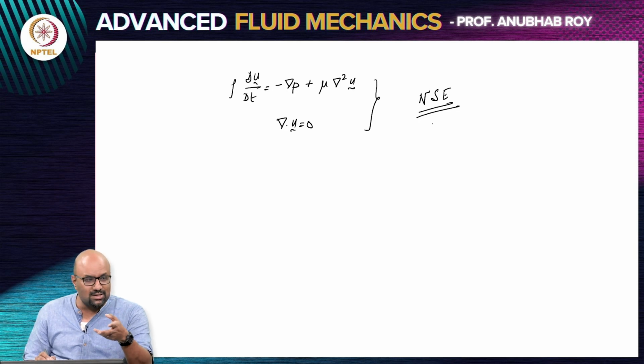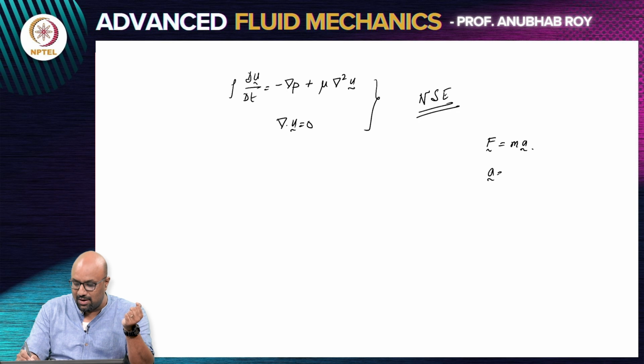Because when you write things in an Eulerian point of view, you are seeing that it is a mathematically quite tedious equation. Now, the Eulerian expression for your conservation is sum of all forces is equal to mass times acceleration, or if I write it in terms of acceleration, it is equal to sum of all force per unit mass.